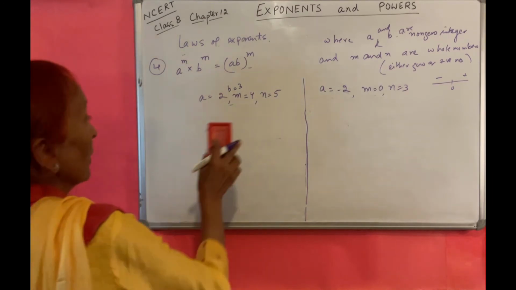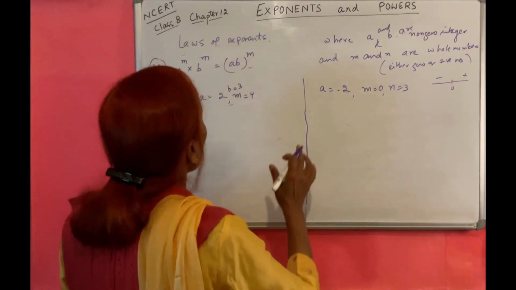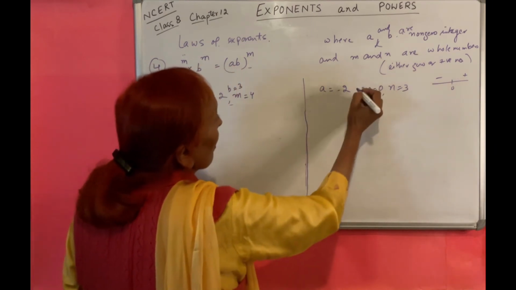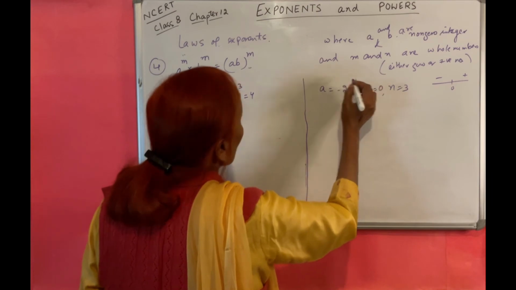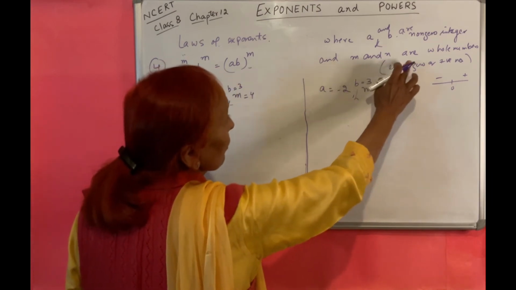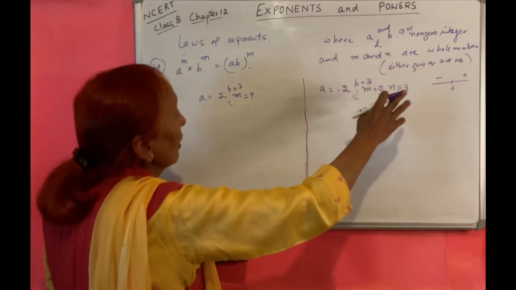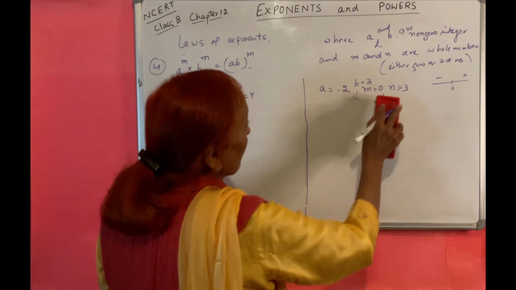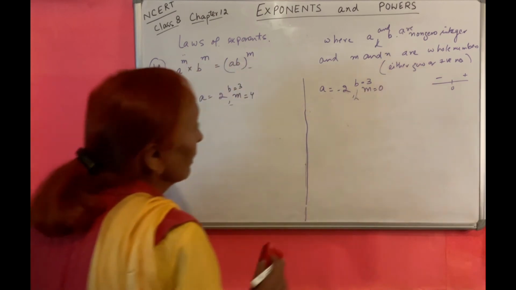N की तो इसमें ज़रूरत नहीं है. And next A we have taken -2, and what about B? B I can take 3 same, and M I can take 0, because one number I want 0 and only M we want. So no need of N here. ठीक है.